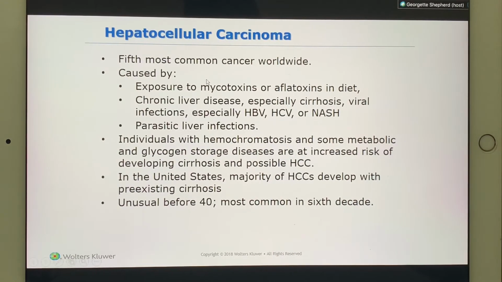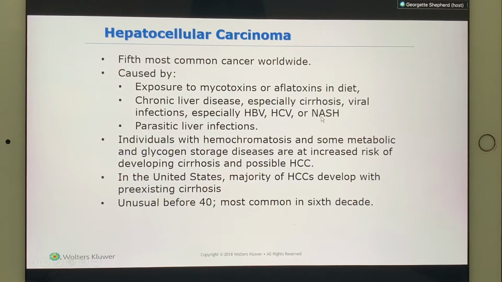Hepatocellular carcinoma is higher in patients with hepatitis B and hepatitis C. I don't know what NASH is. I told myself I was going to look that up, but I didn't. A patient with cirrhosis can also develop hepatocellular carcinoma. It also happens because of parasitic liver infections.